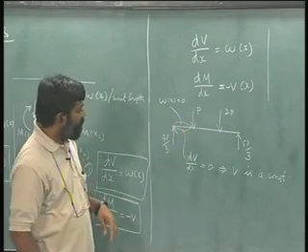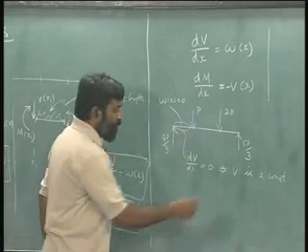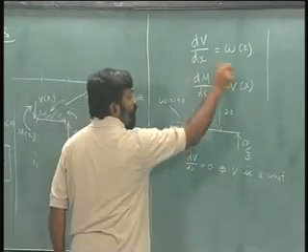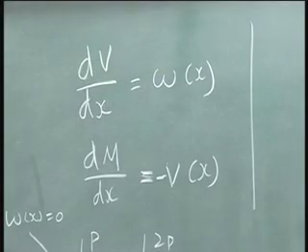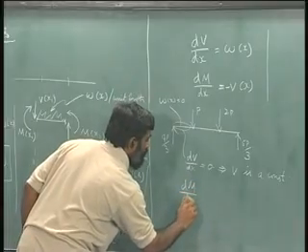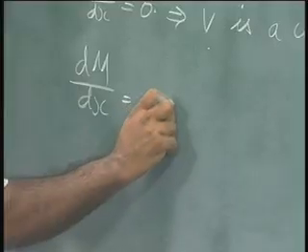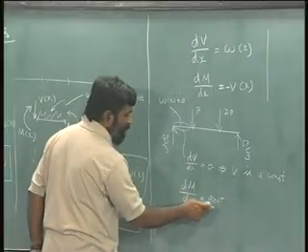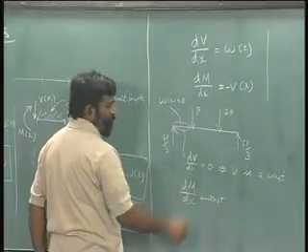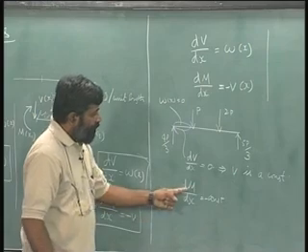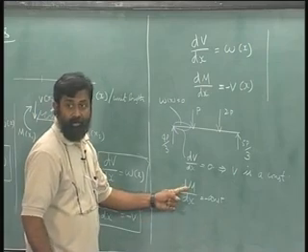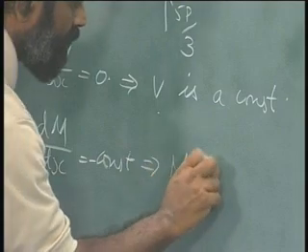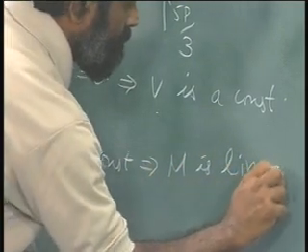Okay. All right. If shear force were constant and I use this fact over here, we have dM by dx is equal to constant, because in this region V is a constant, which means this is a negative constant, means M is now linearly varying. This implies that M is linear.